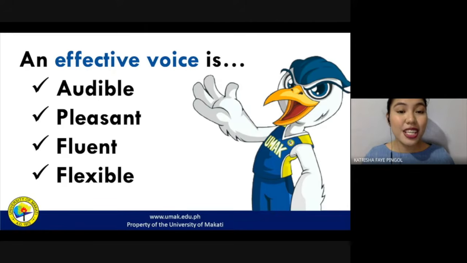Another key characteristic of an effective voice is its flexibility, its ability to adapt to different situations and different communicators. When your voice can change its tone, pitch, and volume at an instant, and those adjustments are appropriate to the communicative situation wherein it's used, it could be considered flexible.